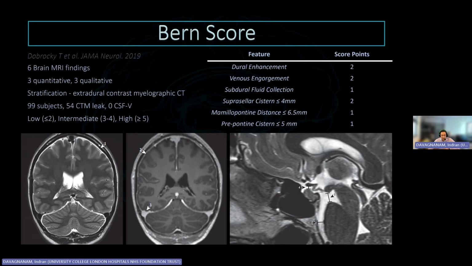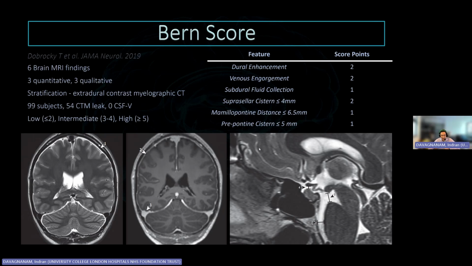So they postulated in their paper that CSF venous fistulas would not have a very high Bern score, but from our own institutional experience, we see the complete opposite, where CSF venous fistulas actually have a very, very high Bern score, meaning to say that they have all these imaging findings more so than other types of leaks.